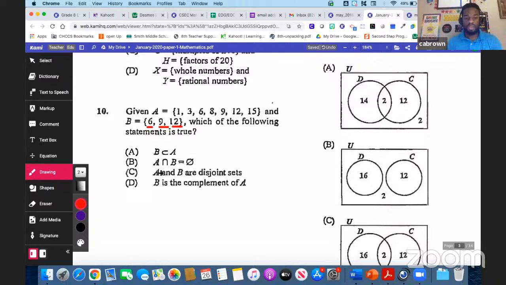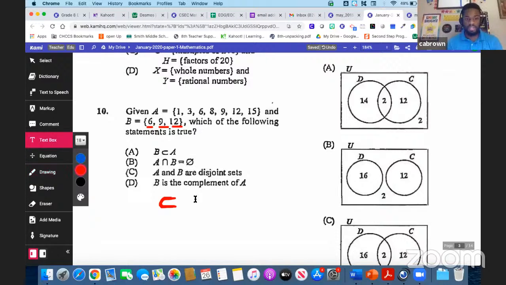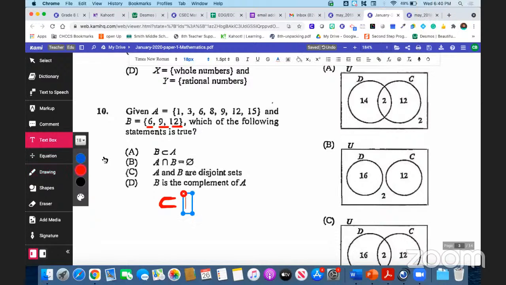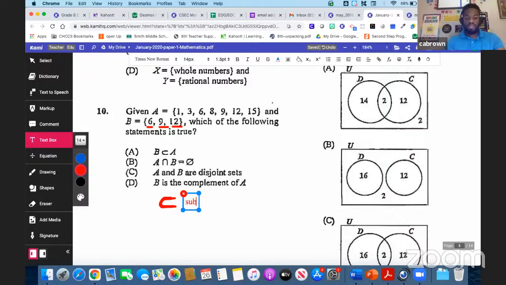Which statement is true? B, this symbol right here. Anybody knows what this means? It looks like a C or a little sideways U. Anybody knows what that symbol means? All right, so this actually means subset.